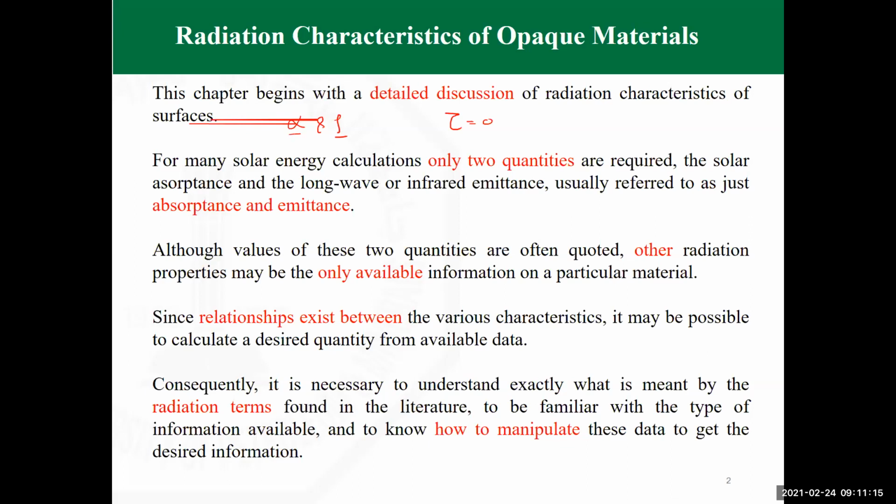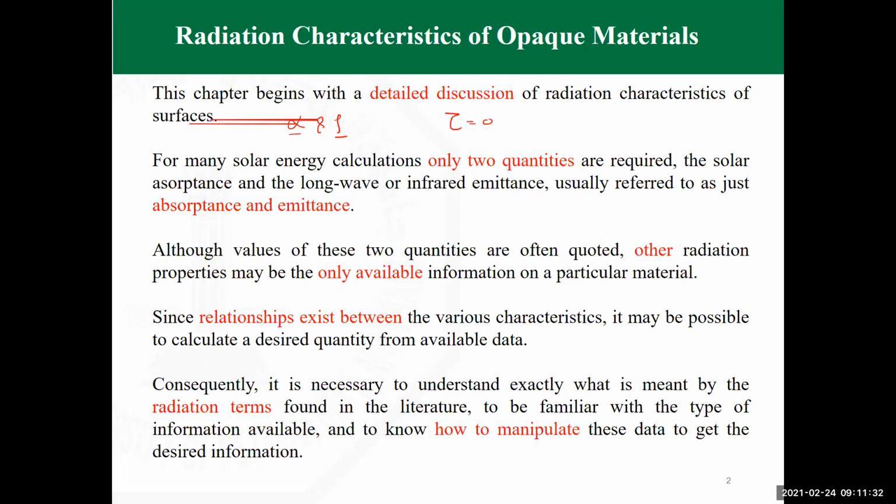The values of these quantities are available, but sometimes you don't find all the information that you want, which means that in some cases, you might not be able to determine these values.